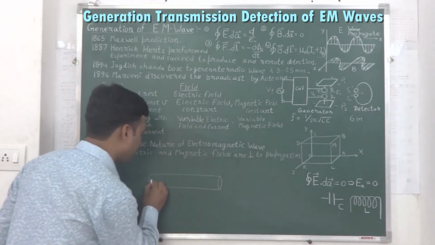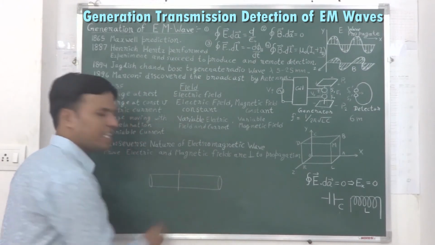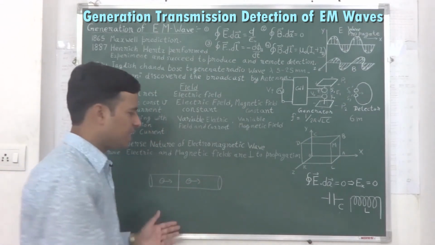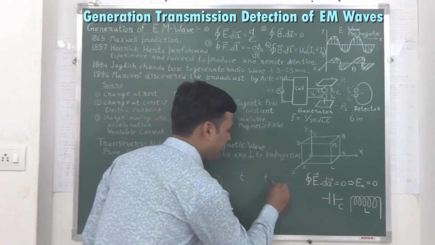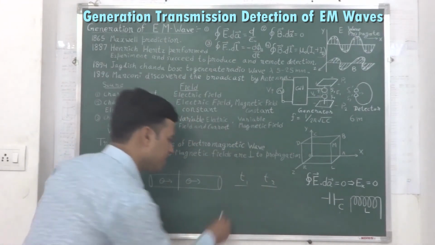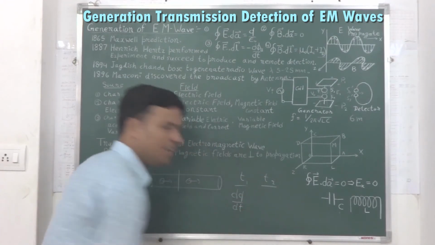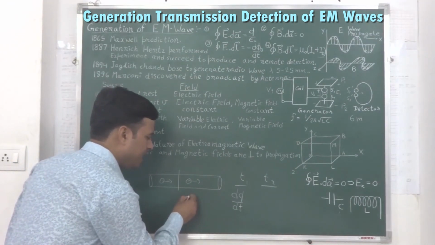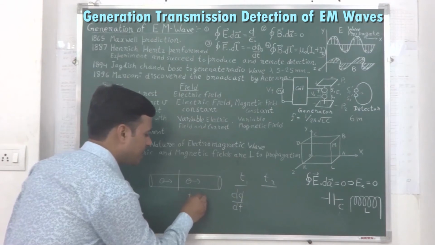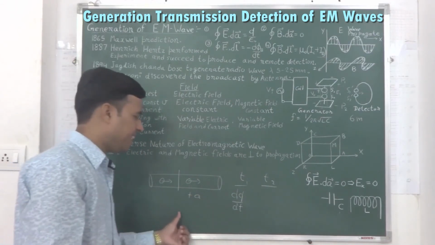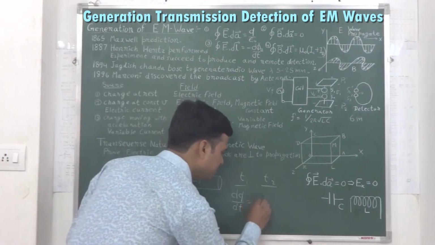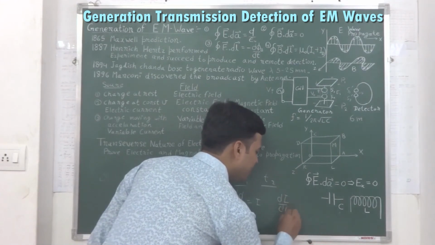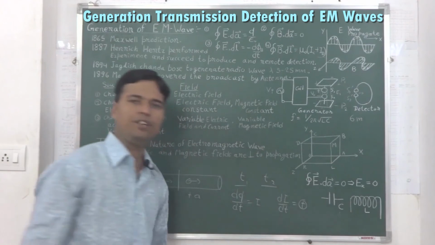But when the charge is in accelerated motion, then in the same part of time the number of charges crossing a cross section will be different at different instances, at time t1 and time t2. The dq upon dt value will change. If the charges have positive acceleration, then the current value will increase with time, and the time rate of change of current will be some positive value.